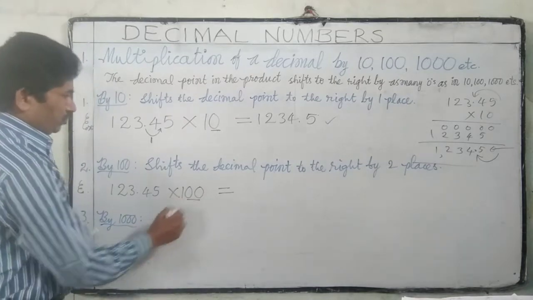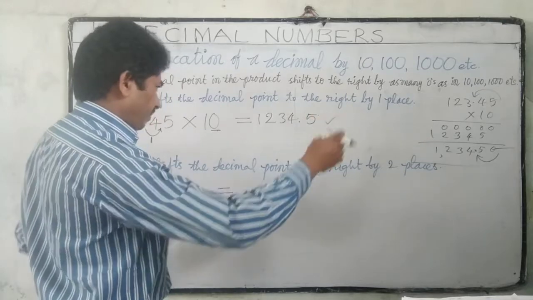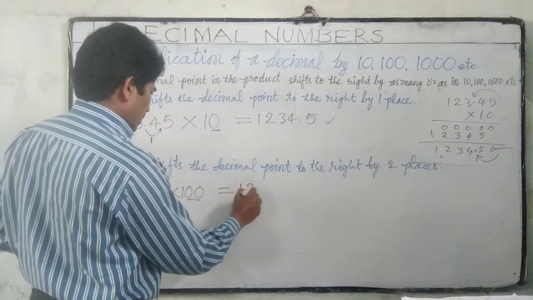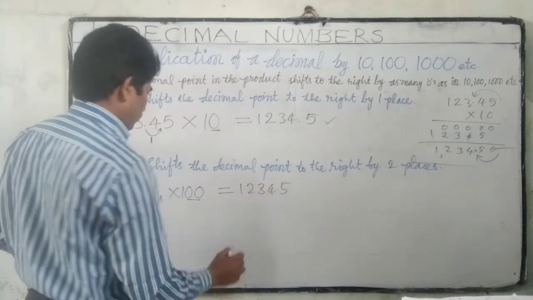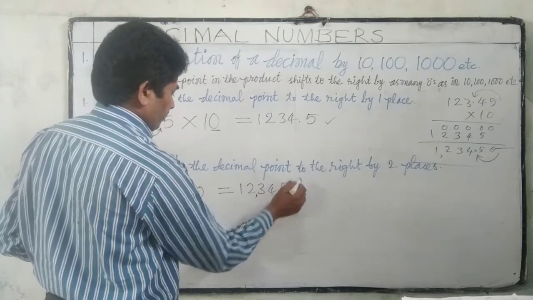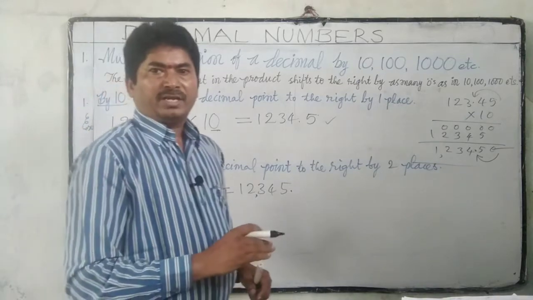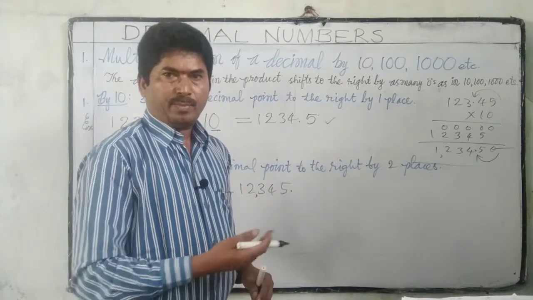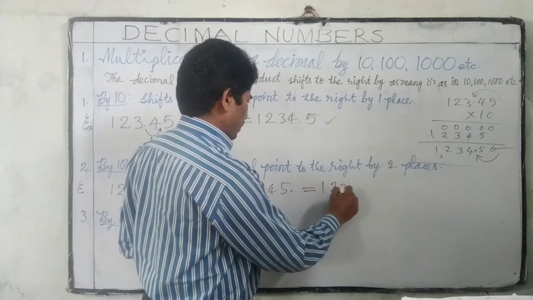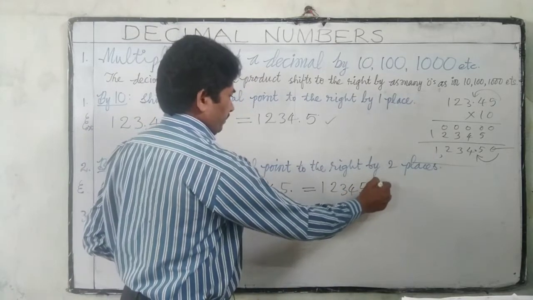Here we have two zeros, so that's why shift the decimal point to the right by 2 places. 1 2 3 4 5, so 12,345 point. If there is no decimal part, we can simply write it as a whole number, 12345. This is the answer.